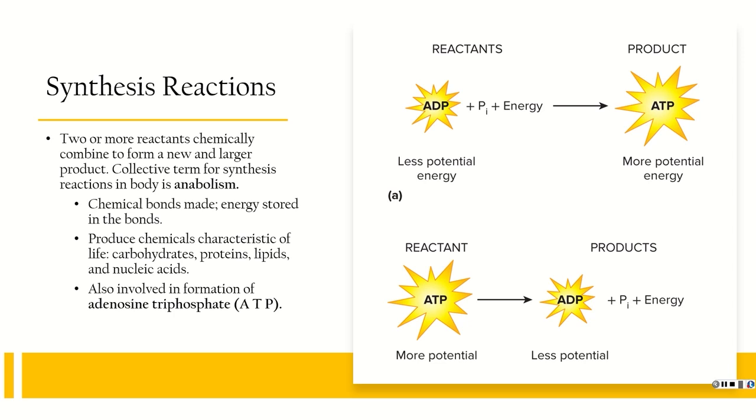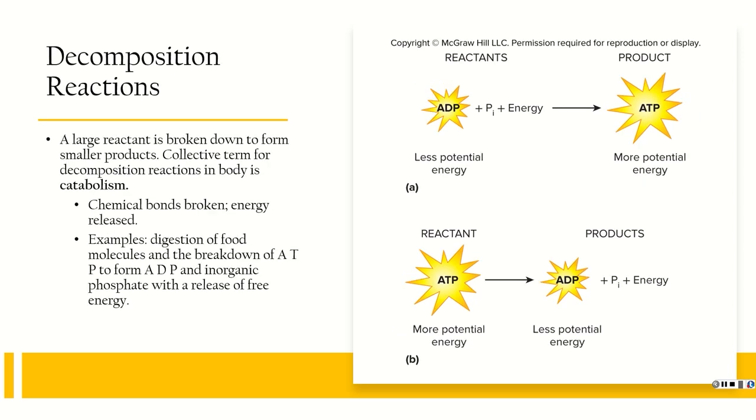So when we take ADP, which has 2 phosphates, and add a phosphate group, that requires energy, we make ATP. So now it has 3 phosphates, so we're storing energy. Now when we talk about catabolism, we break down ATP, so we take the 3 phosphates attached to adenosine, we cut one off.